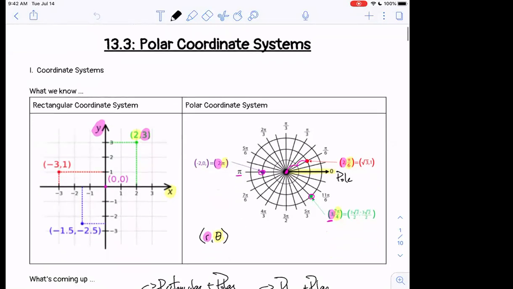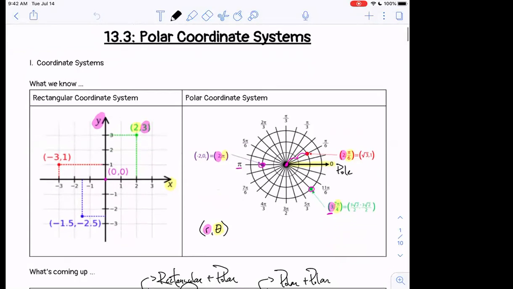All right, let's do a quick summary of yesterday, and then Mariah will take your question, and then we'll move on. So 13.3 is really an introduction or a review of an alternate coordinate system. We know about rectangular, and hopefully we learned about polar coordinates in pre-calculus.